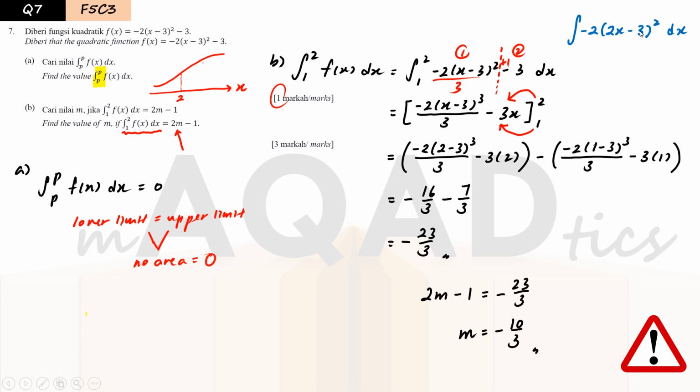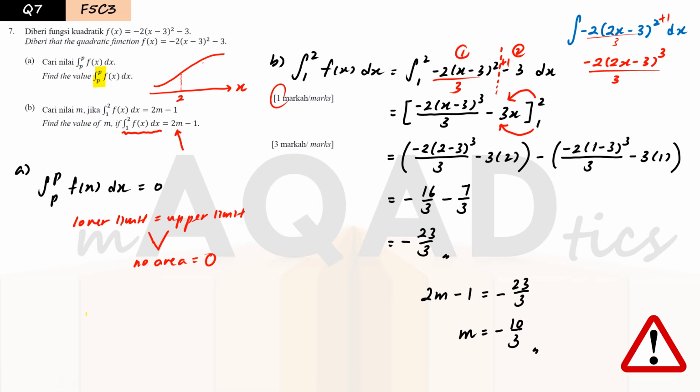So how do we integrate this, and is there any difference? Yes, there is. Let's do the same thing. For the power, I'm going to add 1, so here would be negative 2, 2x minus 3, to the power of 3, and then we divide by the new value, which is 3.